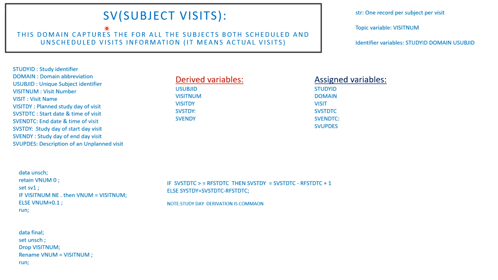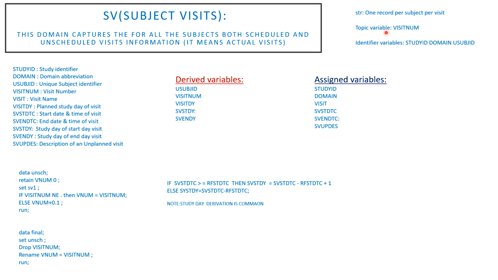SV domain. SV is nothing but subject visits. This domain captures, for all subjects, both scheduled and unscheduled visit information, meaning actual visits. For scheduled visits, the data is captured in the trial design dataset in the TV domain. In the SV domain, the structure is one record per subject per visit.